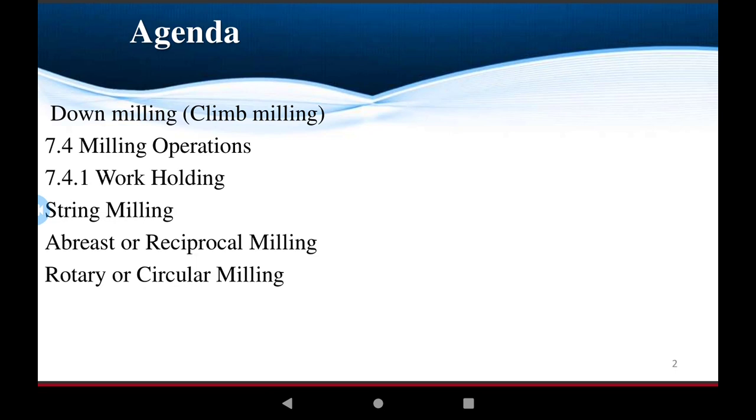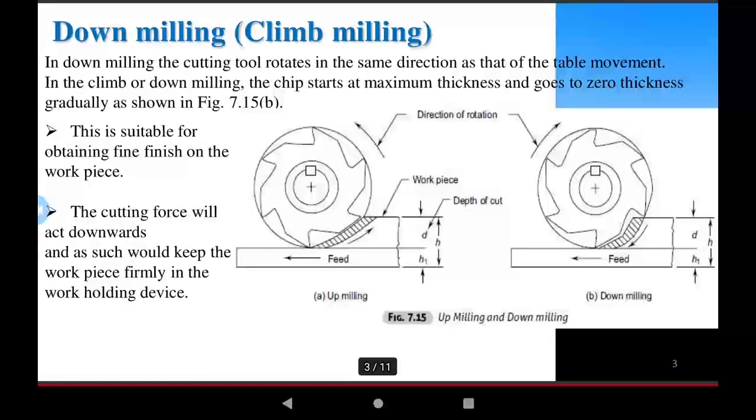Some milling machines are used for special purposes, such as drilling and boring operations, and other types of cutters are used for the milling machines, including down milling machines.